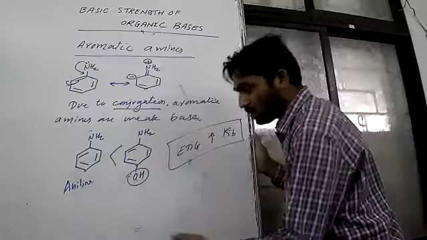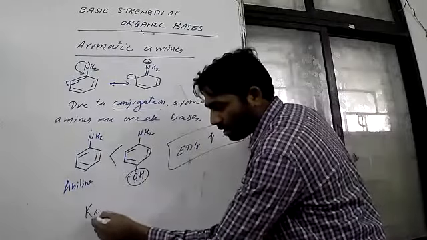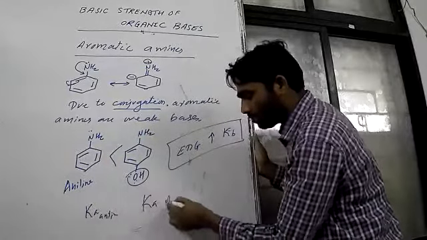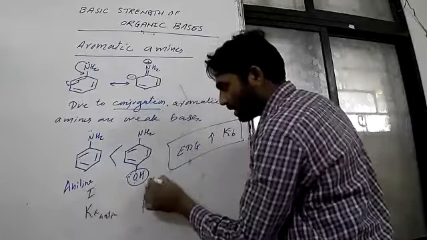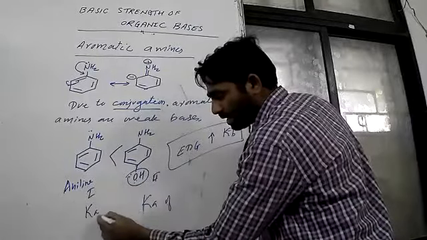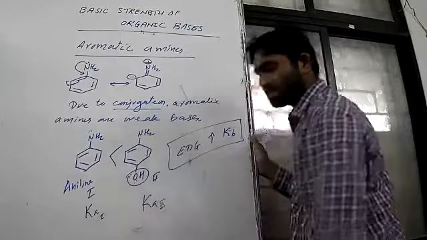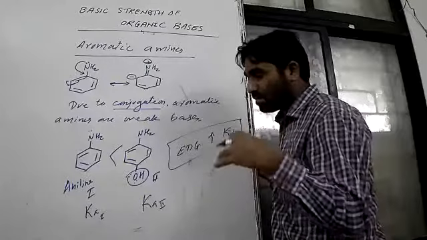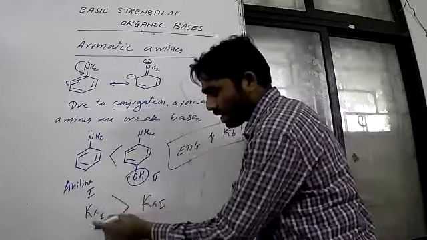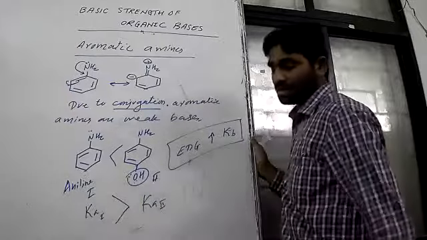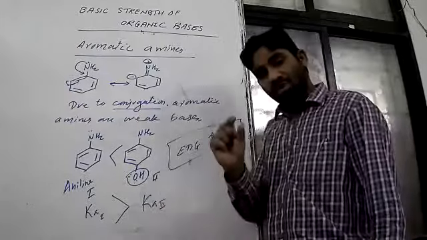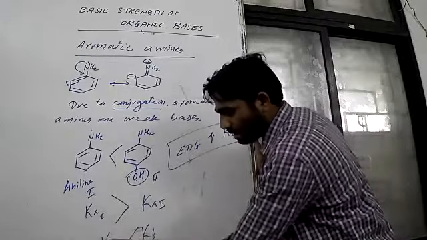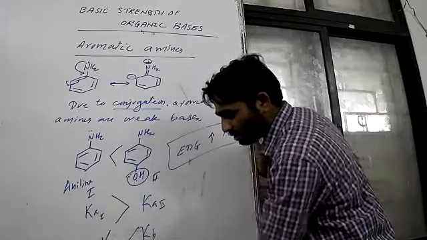Now, consider the Kb of aniline, the first, and the Kb of this one, the second. Which is higher? A small Ka means a strong base. So the Ka of this one will be small, and the Kb of this one will be higher than the Kb of the first.